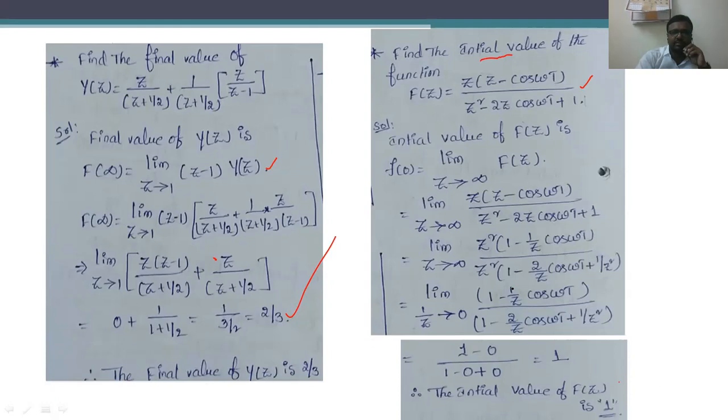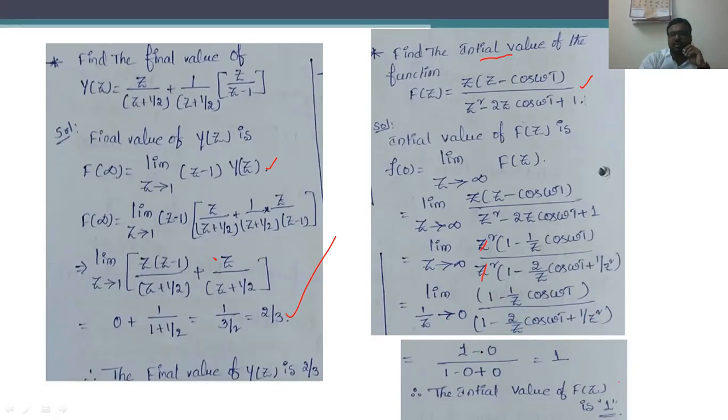Z tends to infinity means 1 by z tends to 0. Cancelling z square and z square in numerator and denominator, and placing 1 by z as 0, we get 1 minus 0 into cos omega t divided by 1 minus 0 into cos omega t plus 0.